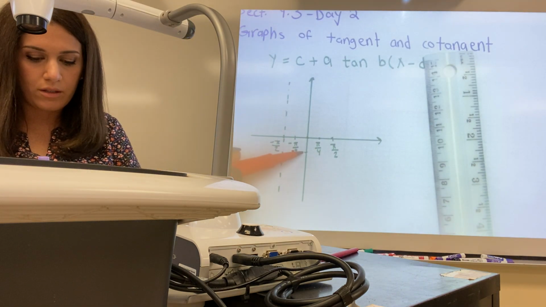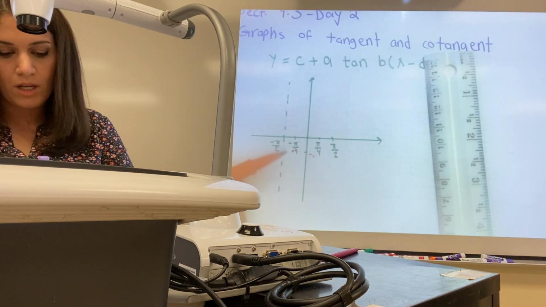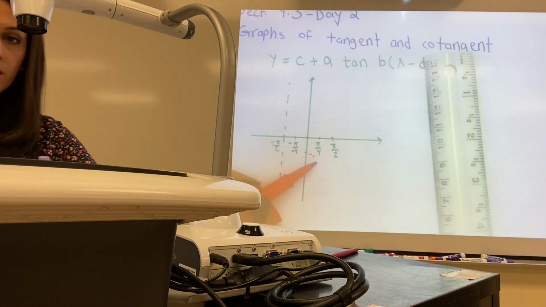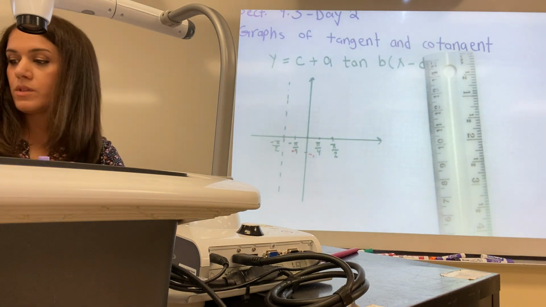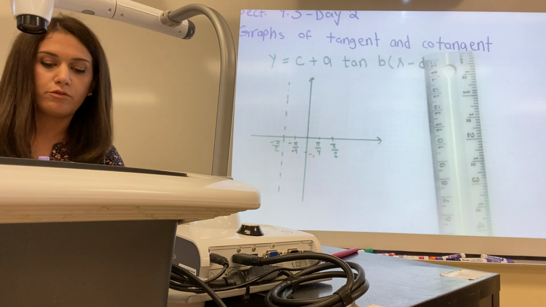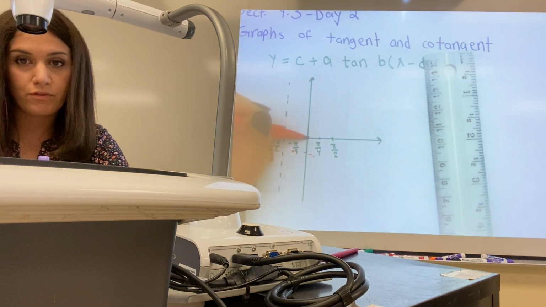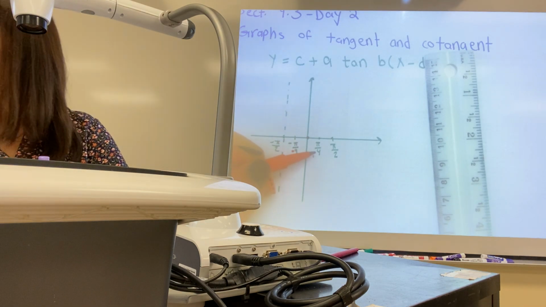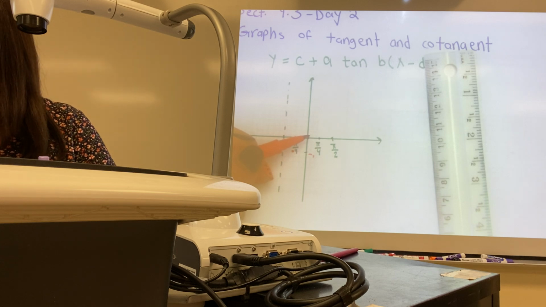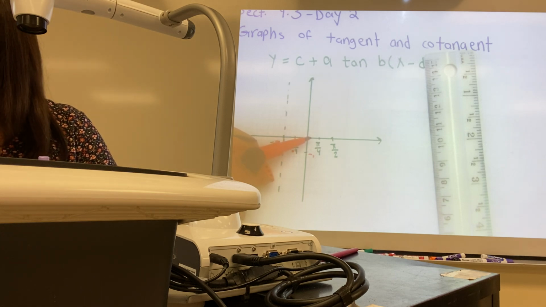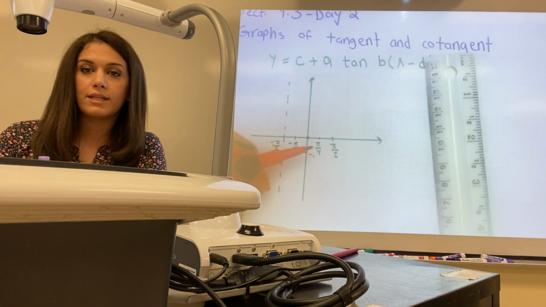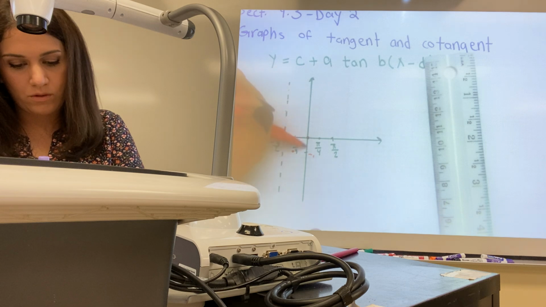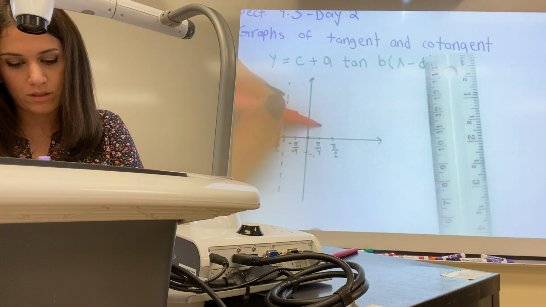Negative pi over 4, negative 1. When x or the angle is 0, the point is 1, 0. Dividing the y by the x value, that will give me a 0. 0 divided by 1 is 0. Next, when x is pi over 4, the point is root 2 over 2, and the y value is root 2 over 2. Divide the y by the x value, that will give you 1. So here is my next point.